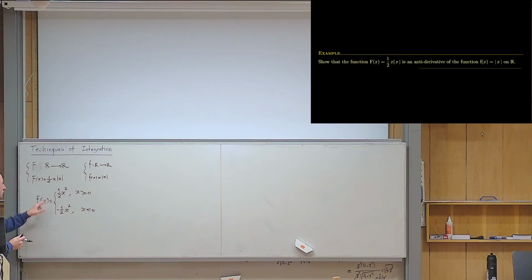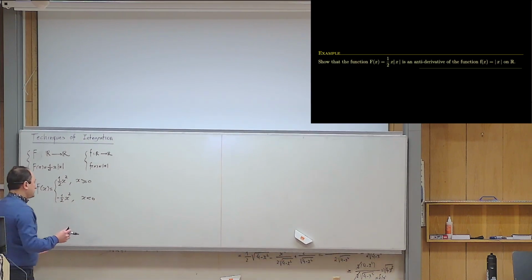And then we want to show that this is differentiable and its derivative is equal to this one. Of course, if x is strictly positive, the function is just a simple polynomial function, it's differentiable. And if x is negative, again, the function is a polynomial function, it's differentiable. Okay, so that's simple.